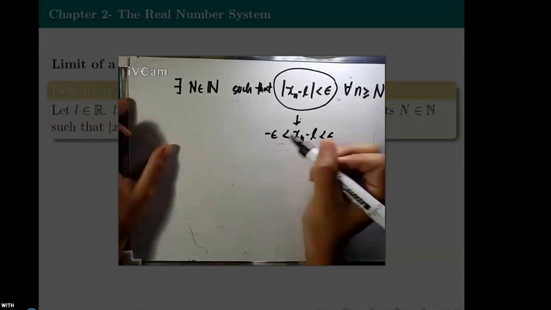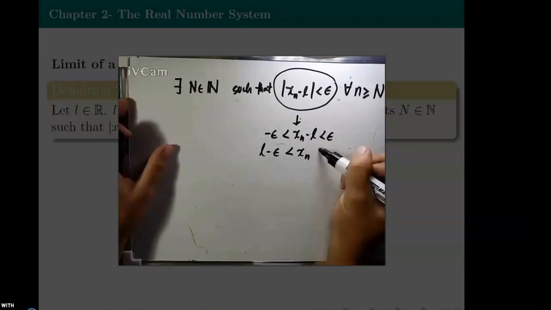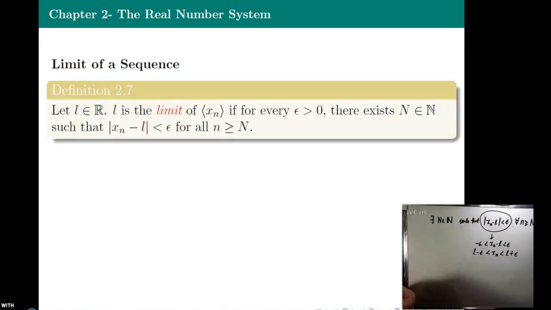Then this is L minus epsilon, L plus epsilon. So it means here that x sub n, small n, is in the open interval L minus epsilon to L plus epsilon.